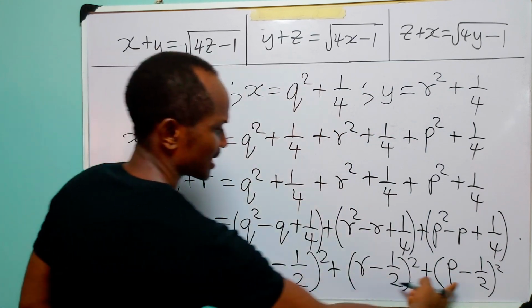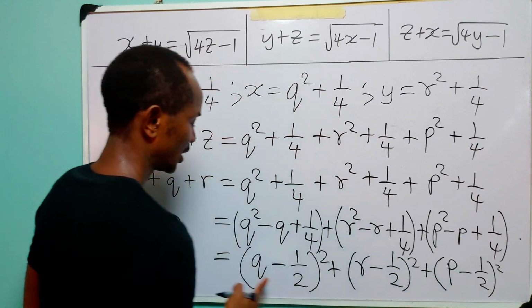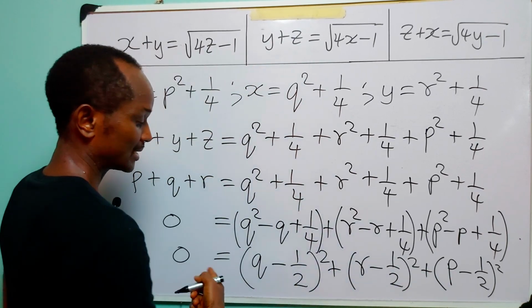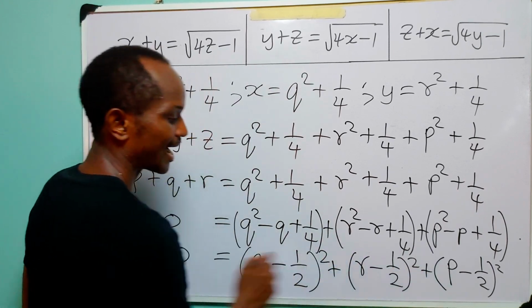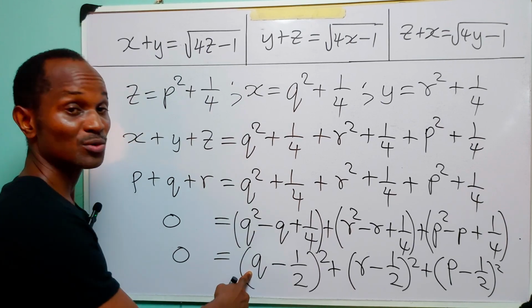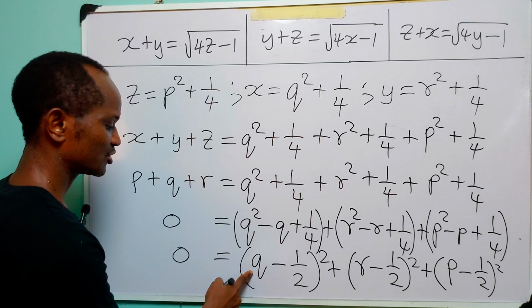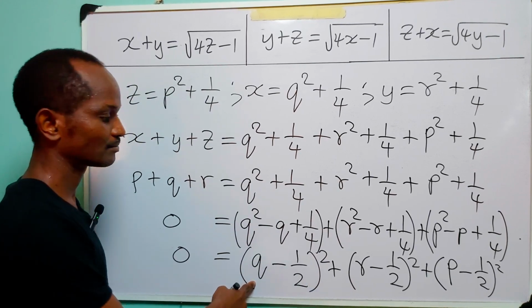So when you look at this last equation, you will see that the only values of P, Q, and R that satisfy this equation are half. Because when you substitute half for Q, this bracket will be 0.